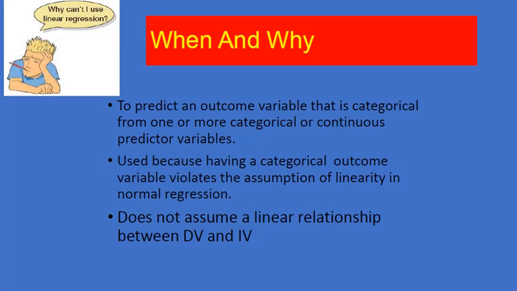Having a categorical outcome variable violates the assumption of linearity in normal regression, because in linear regression we assume that there should be a linear relationship between the data samples. If this assumption is violated and there is non-linearity in the data, then it is not possible for us to solve that problem with simple linear regression.